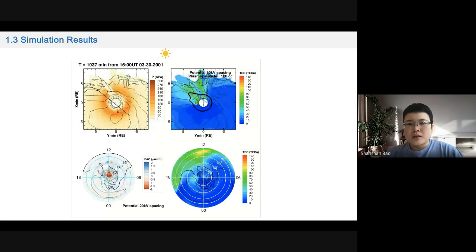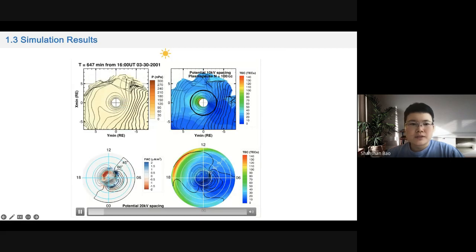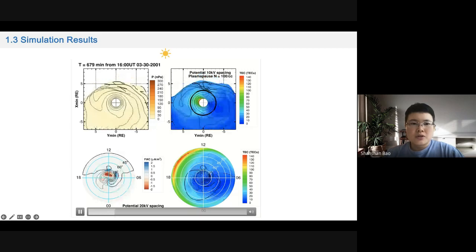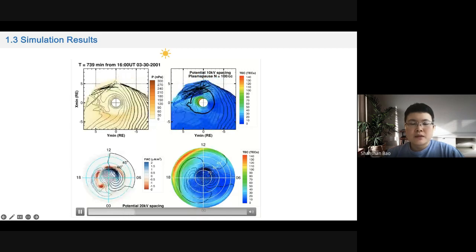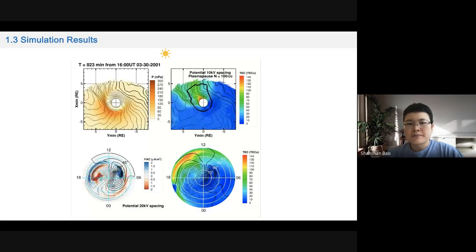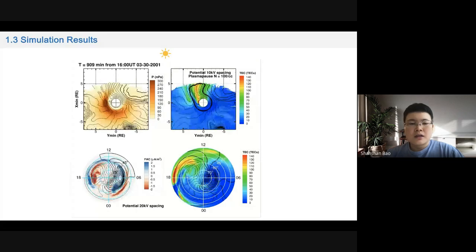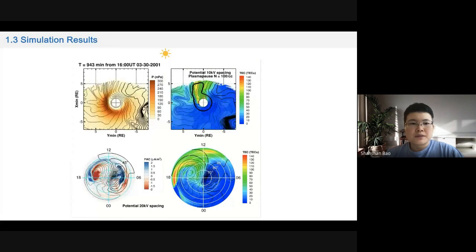The thick black contour is the plasmapause location. Also, for this equatorial plane potential, you're seeing a combination of the corotation plus the ionospheric potential mapping.